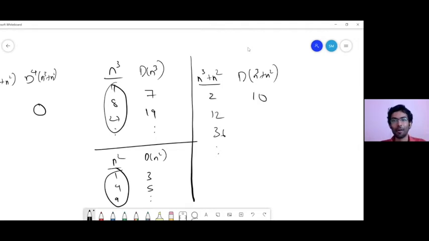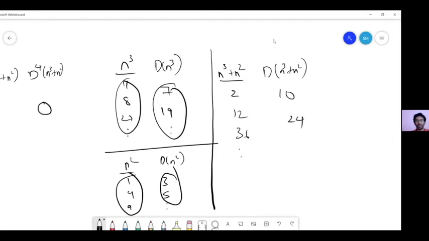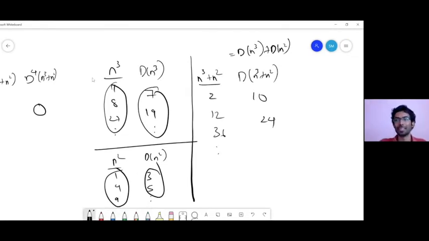This is nothing but the sum of these two. So 10, 24. Basically this is the same as d of n cube plus d of n square. So this successive difference operator is linear, we generally say.